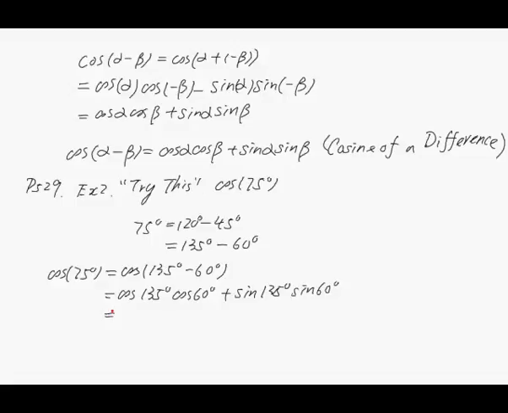Now, what is the reference angle of 135 degrees? 45, right? The reference angle for the angle 135 degrees is 45. And what is the sign of the cosine in quadrant 2? Positive or negative? Negative, right? In quadrant 2, the x coordinate is negative.